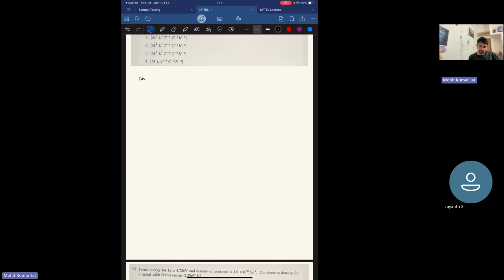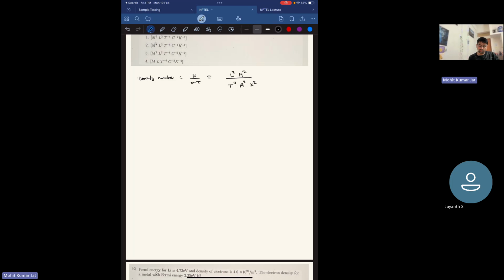So Lorentz number, I think you can do it, it will be k by sigma T, and its dimension will be like length square mass square by time, basically time to the power 3, ampere square, and then Kelvin square.